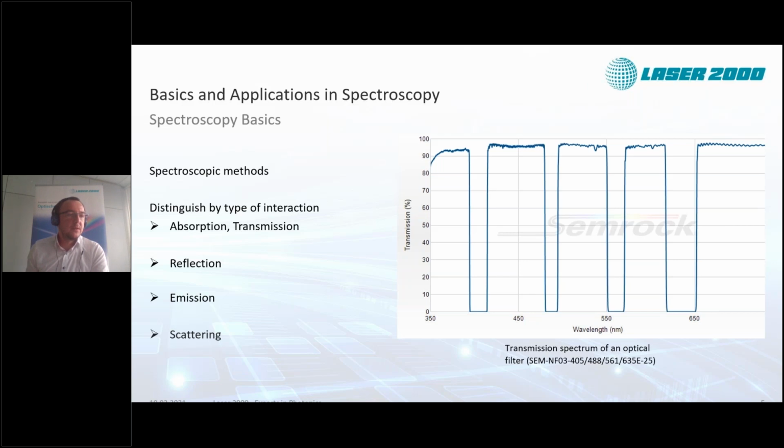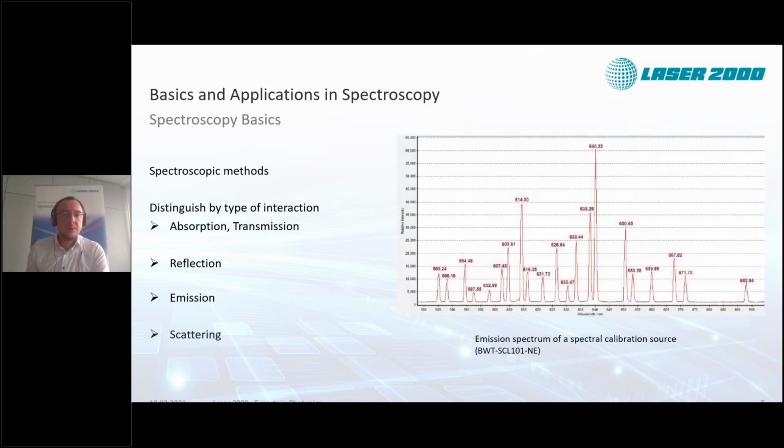In this picture, this is the transmission spectrum of an optical filter, or emission, for example, like this emission here of a calibration light source with neon gas filling. There are also other types of interaction, like reflection and scattering.